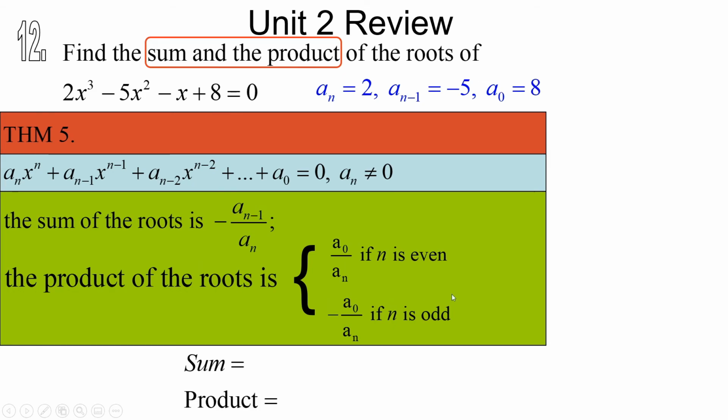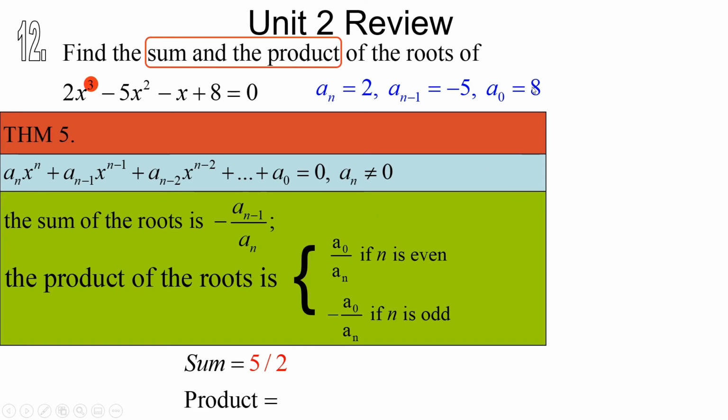So the sum is always the opposite of a sub n minus 1 over a sub n. That would be the opposite of negative 5 over 2. The sum is 5 halves. What's the product? Well, the key to the product is that this is a cubic polynomial equation, so my n is odd, so I have to use the opposite of a sub 0 over a sub n.